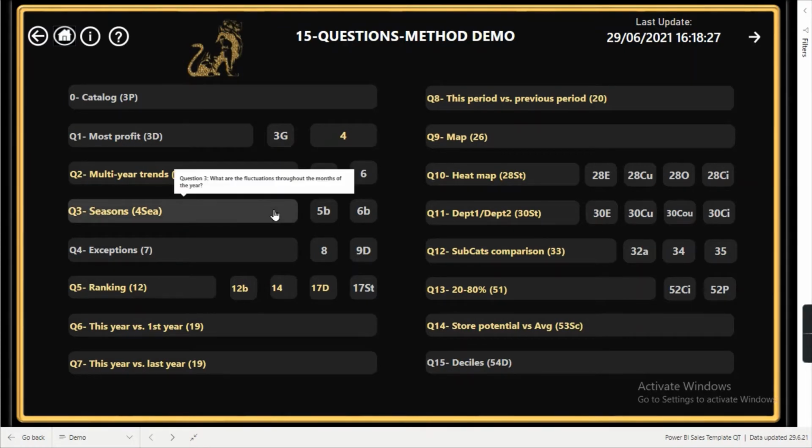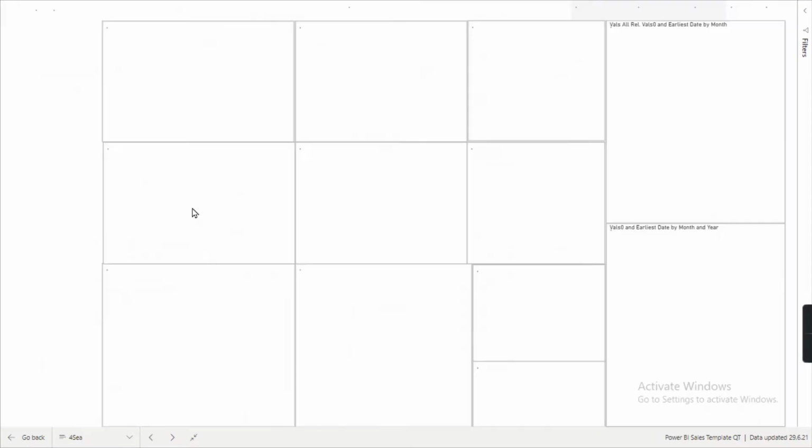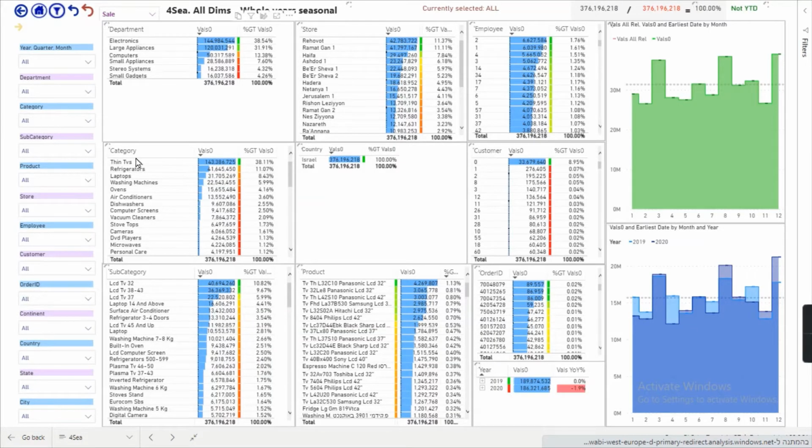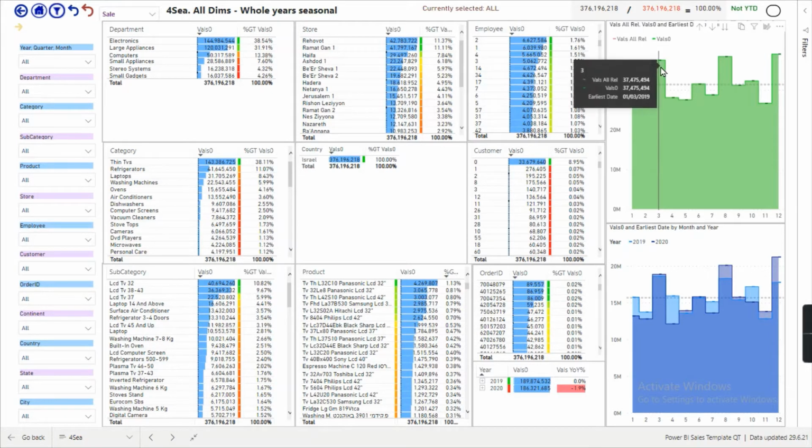Question 3. What are the fluctuations for the months of the year? I call it seasons. Let's go to page 4C. And we see all the tables of the main entities and the same graph on the right. And we see that now it's showing all the sales of the whole retail chain, $366 million maybe, something.